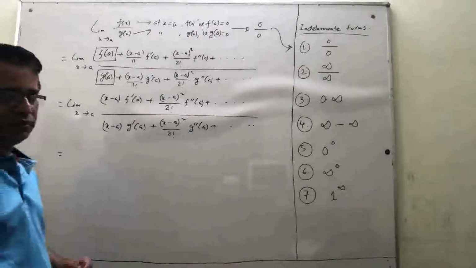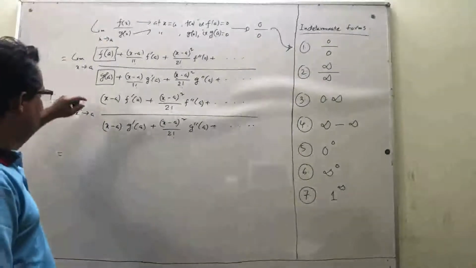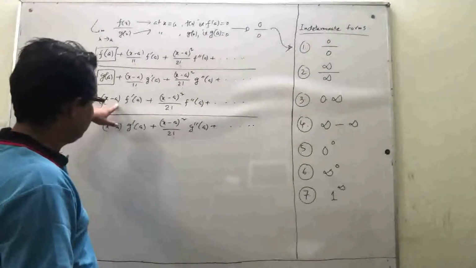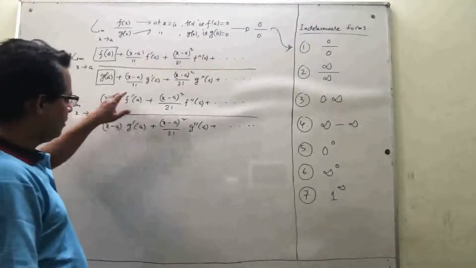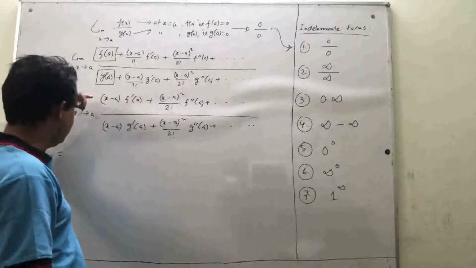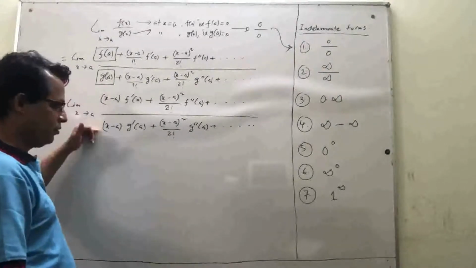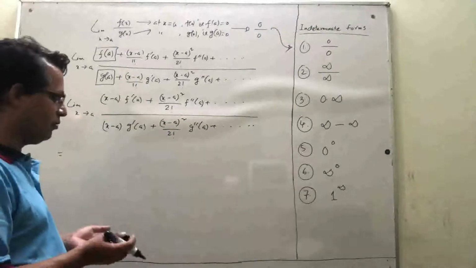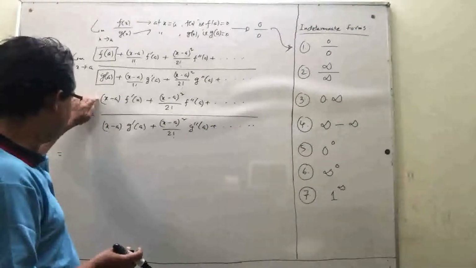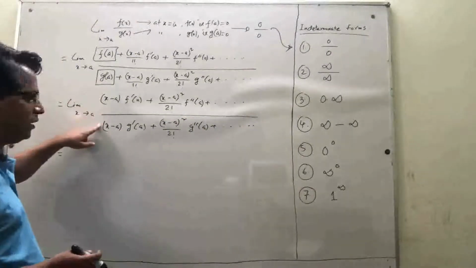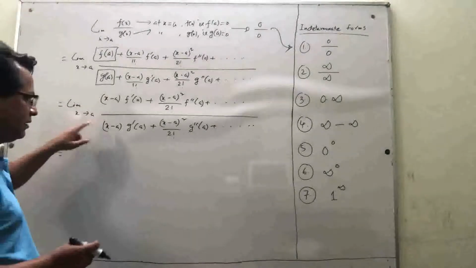Now we see that the term x minus a is common in the numerator and denominator. So if we take x minus a common from both numerator and denominator, then this term will be erased.